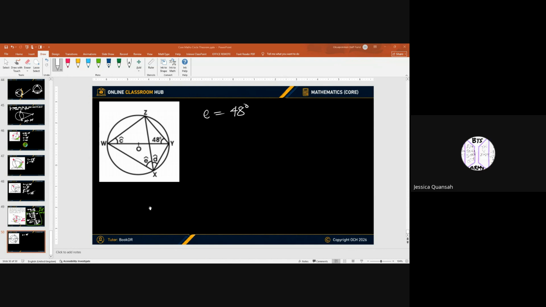So we are taking the bigger triangle. The bigger triangle is triangle XWZ. X, W, Z. Yes. So you mean this triangle?